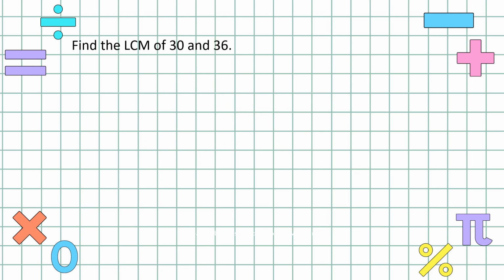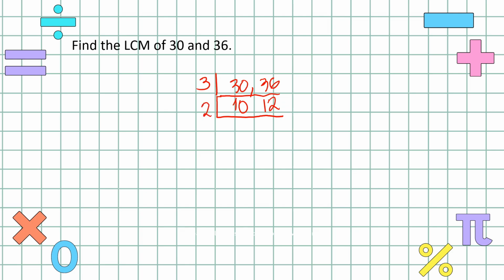For our second example, again, let's write the numbers inside our L symbol, which denotes division, and then think of a prime factor. Let's say I'm going to use 3. Divide 30 by 3, the answer is 10. Divide 36 by 3, the answer is 12. Now, this is not yet the end because we can still have a prime factor with these two numbers, and that is 2.